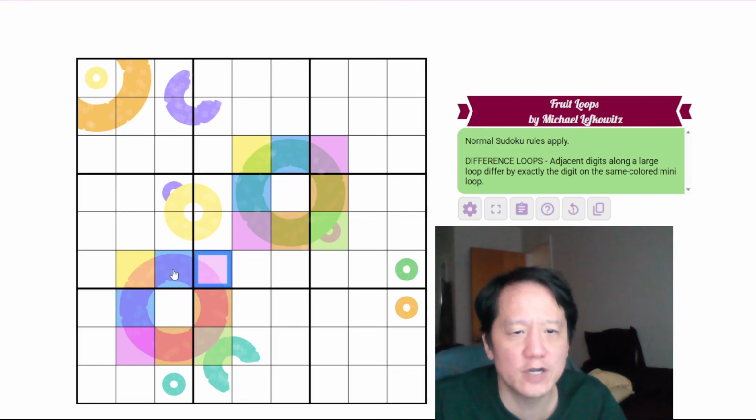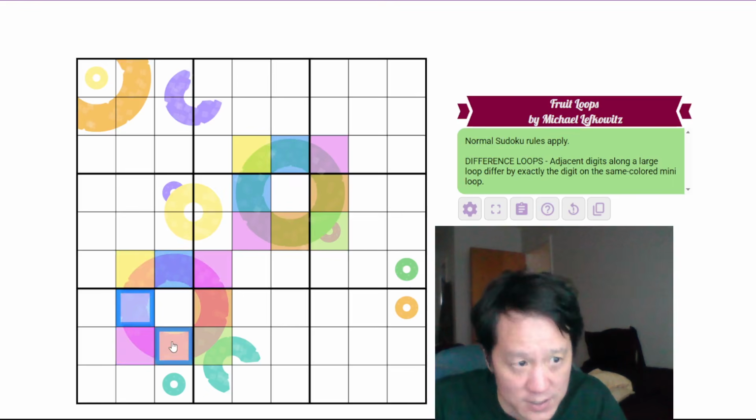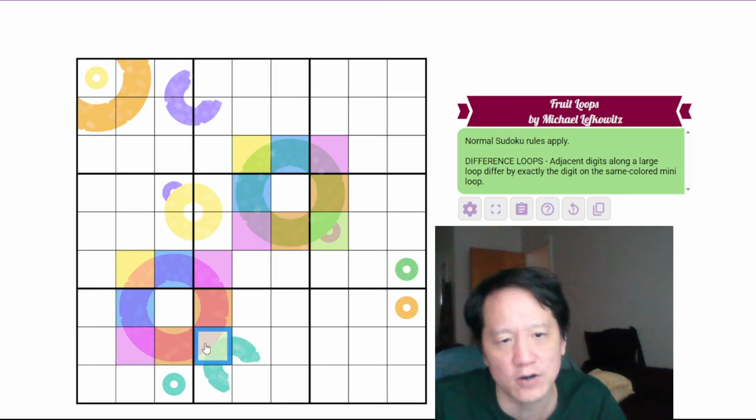If we tried having this and this be different digits, the problem is if these two are different digits, then these two have to be the same to be able to go from one to the other. It has to be the exact same. But then that would force both of these to be the same digit for going here to there and there to there. So that doesn't work.